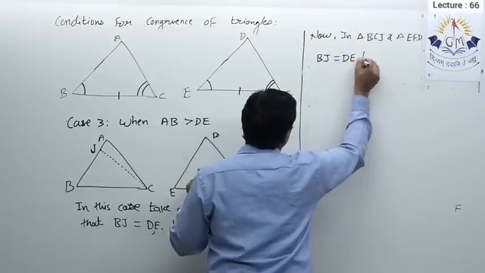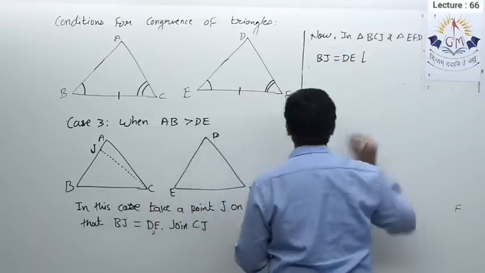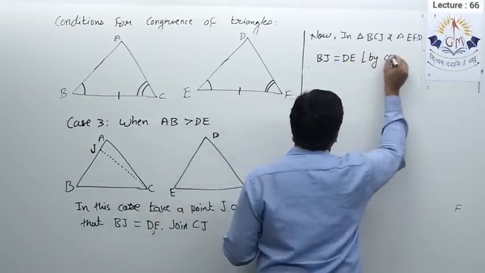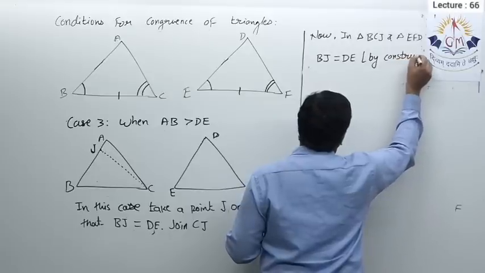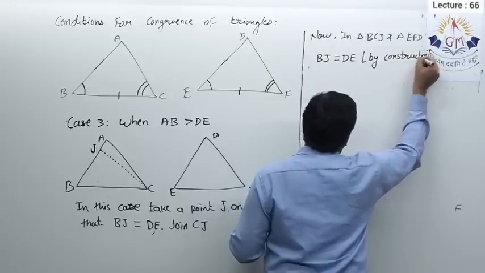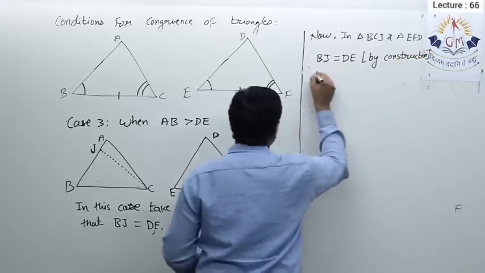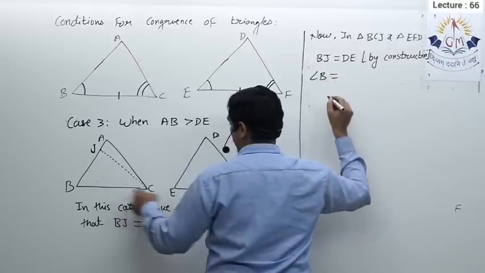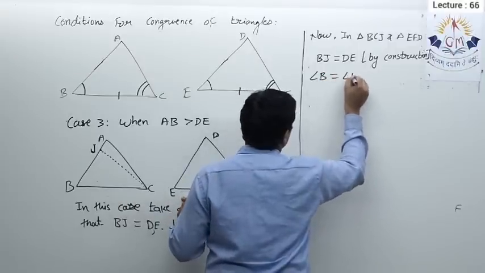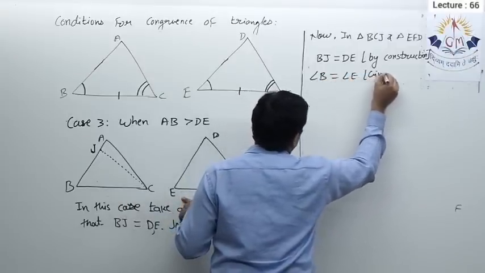Why is BJ equal to DE? By construction. Angle B is equal to angle E, that is given.